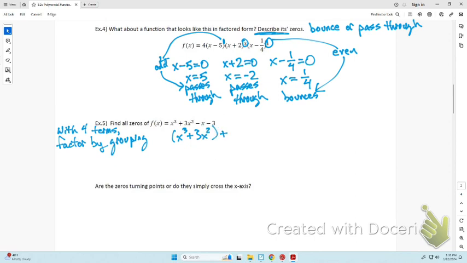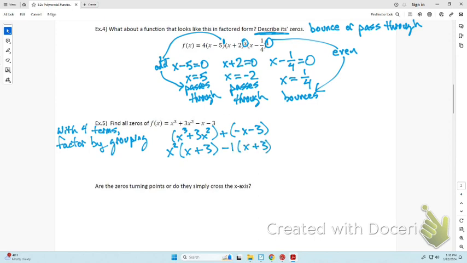Group the last 2. Be really careful with your signs here. I personally would write it like I just did. It's easy to mess up that minus sign. And you take a GCF out of each parenthesis. So we take an x squared out. You take a negative 1 out.